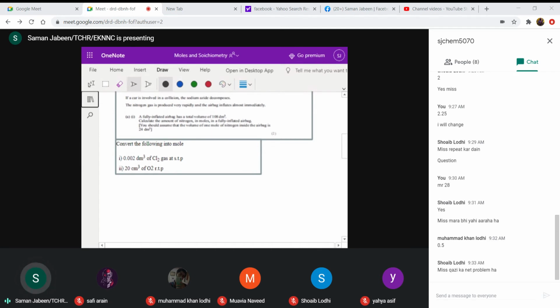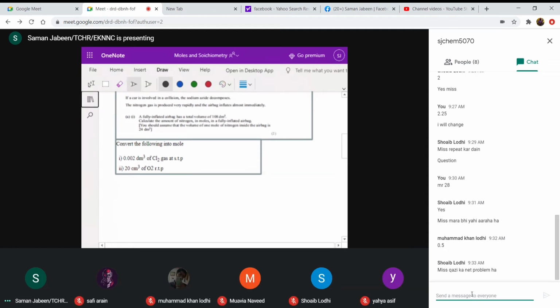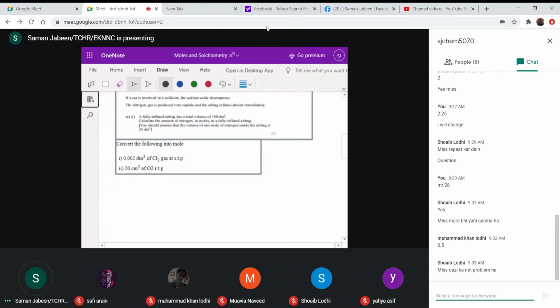Just divide it by 24. 0.002 divided by 24. What is the answer? What is happening, boys? This is a very quick kind of a question.